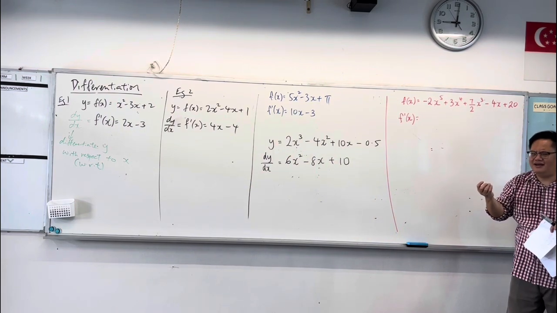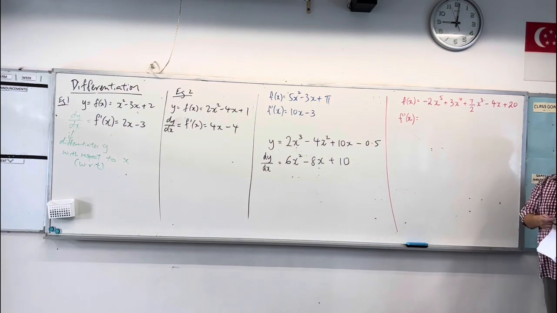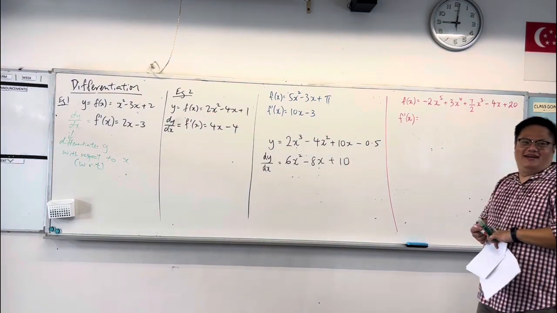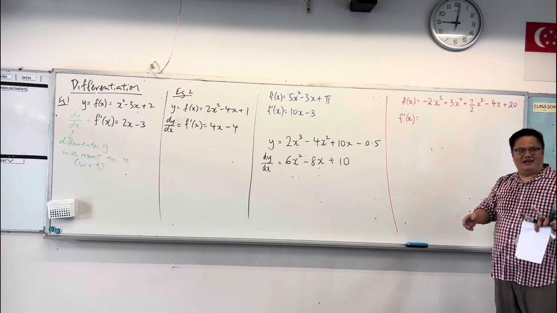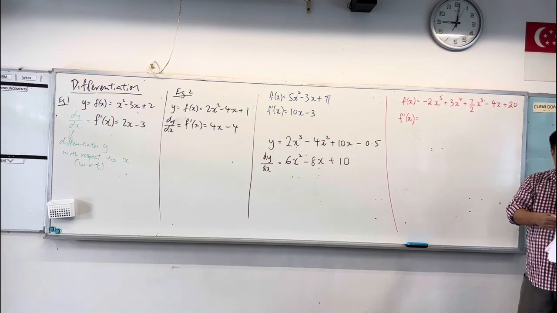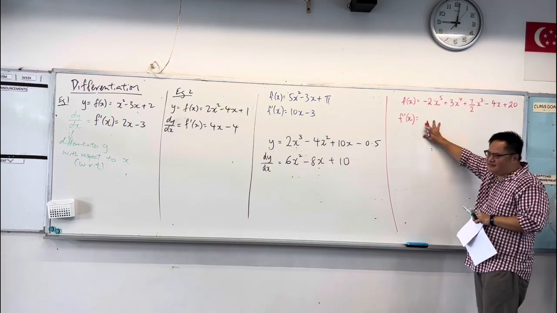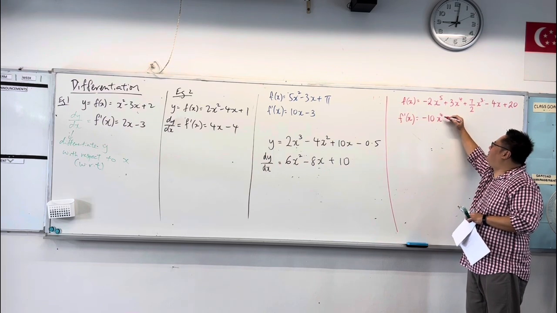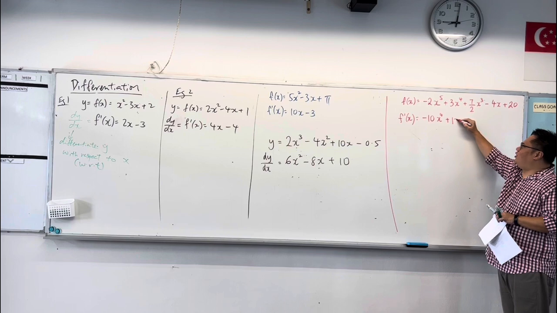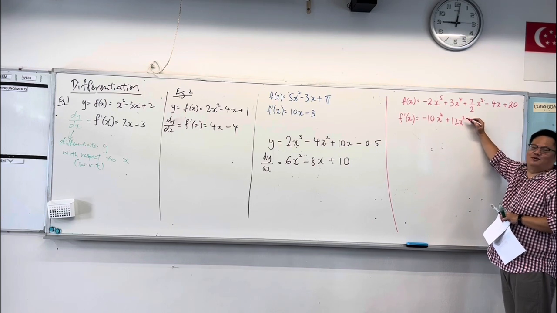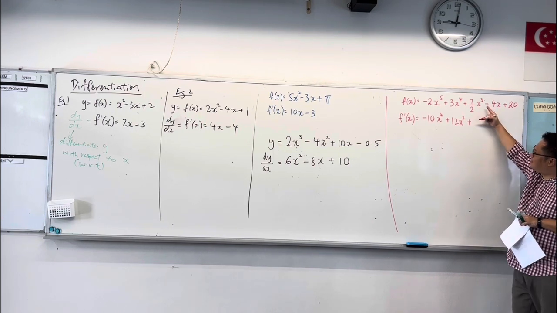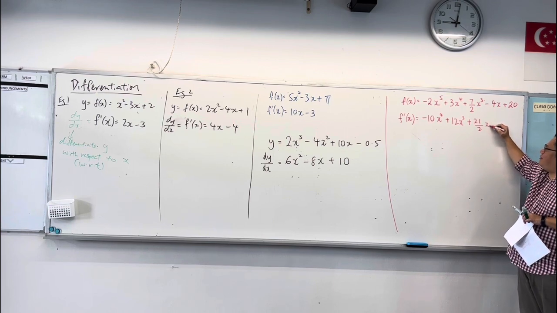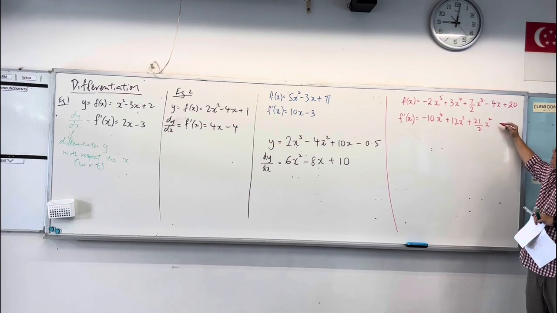Do you know already? For those who know, or think you know, just shout out and then we all see if we can get a pattern. What is this one? Minus 10x to the power of, plus 12x cubed. Wow, so many people already. Plus 21 over 2 x to the power of 2, minus 4.